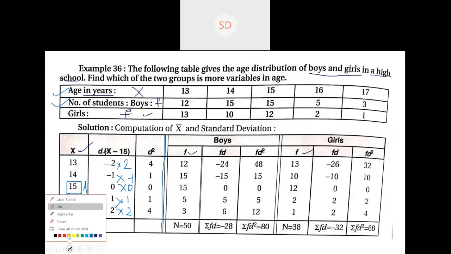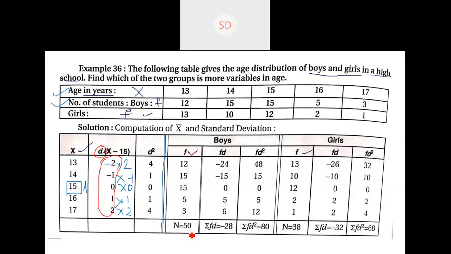So we multiply these deviations into the frequency of boys, and here you will be able to get FD.